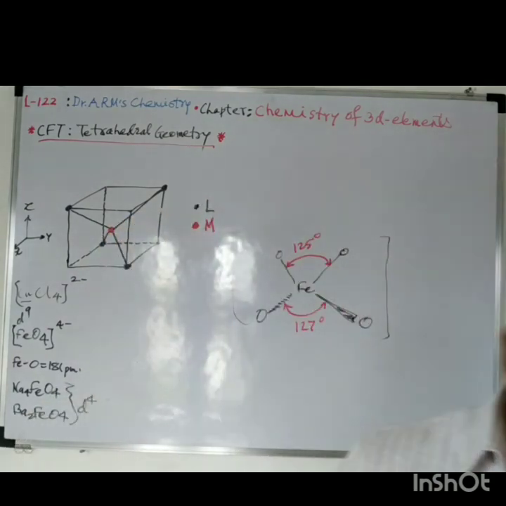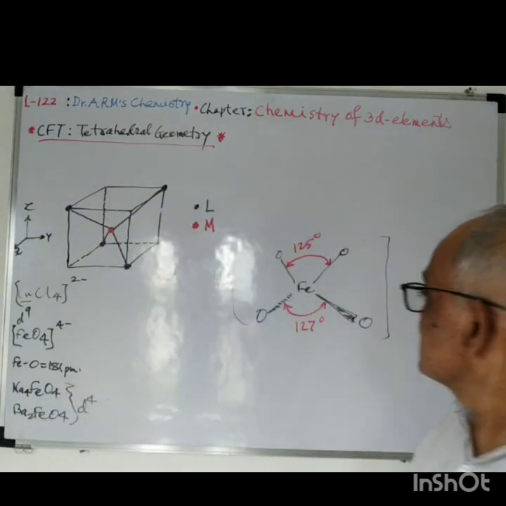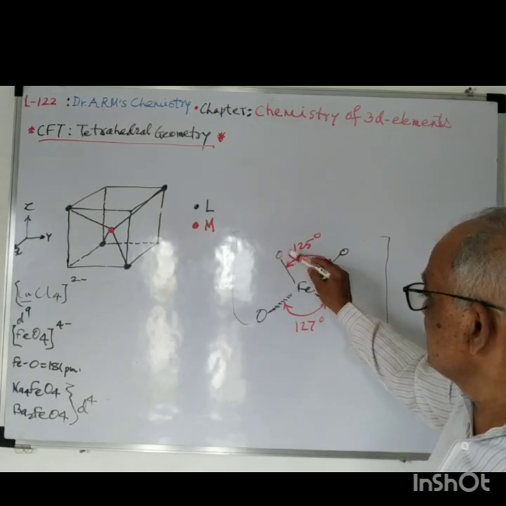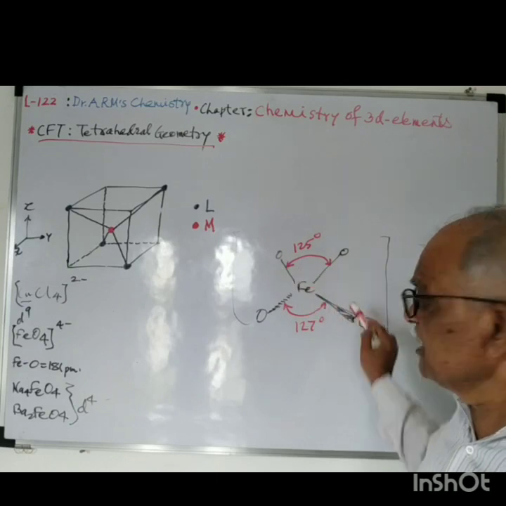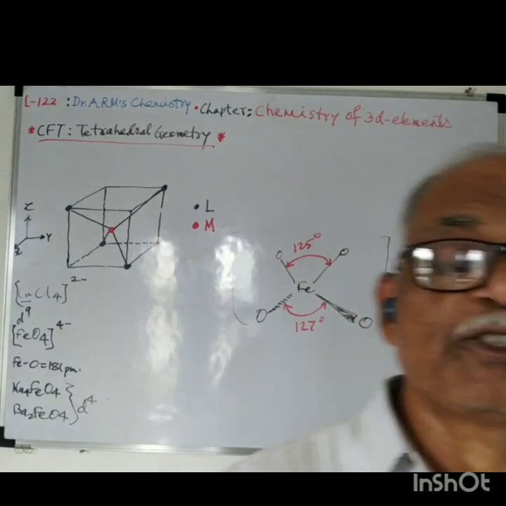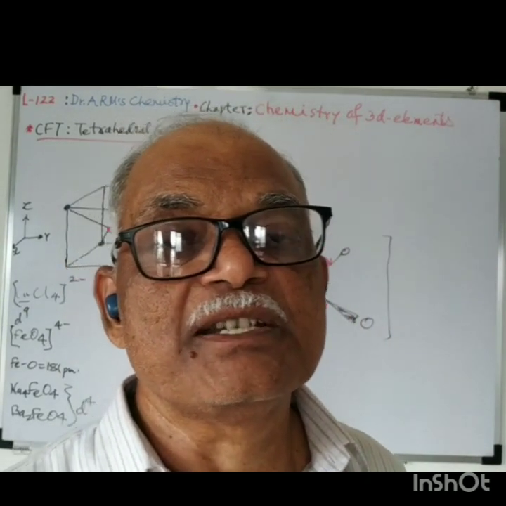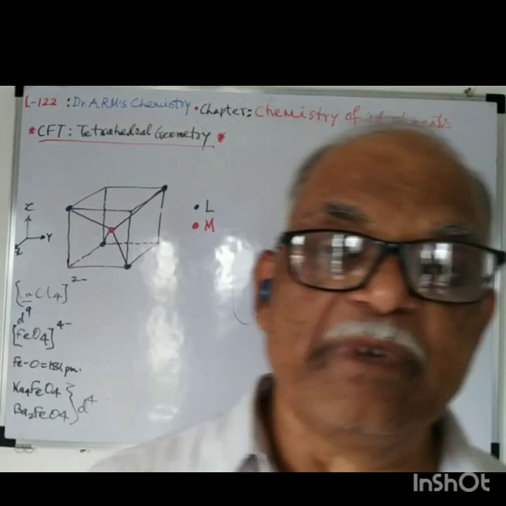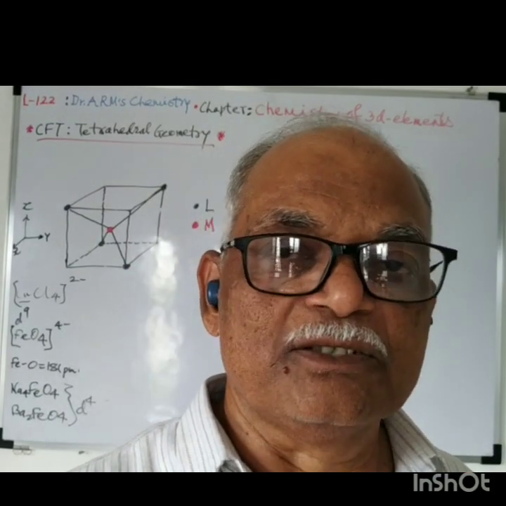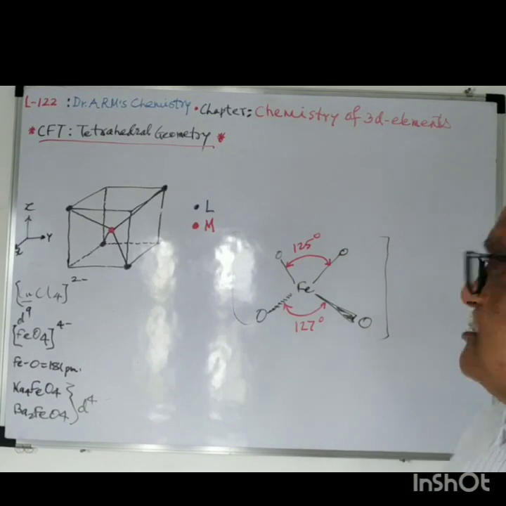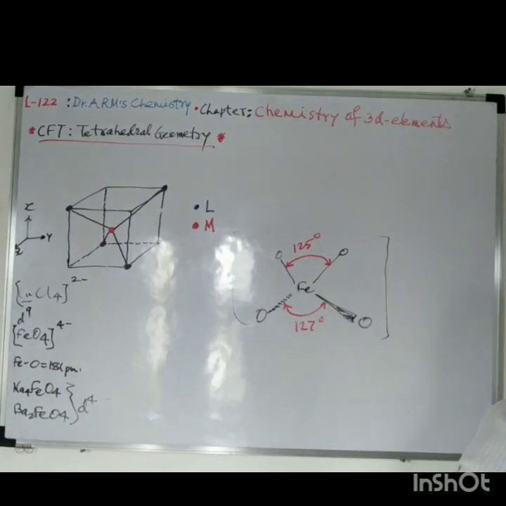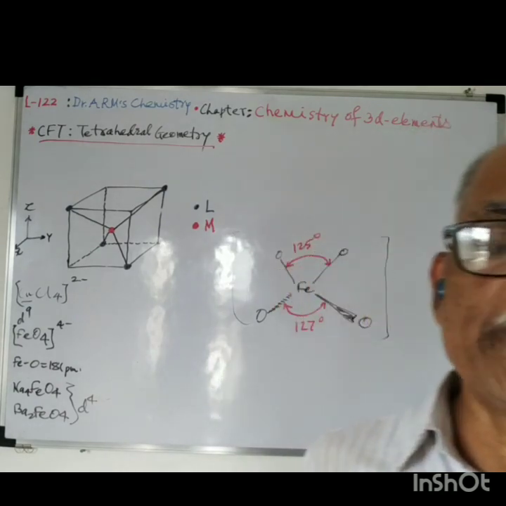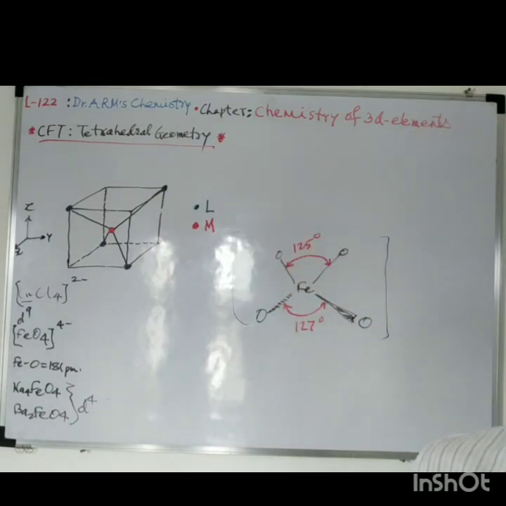Normally the bond angle O-Fe-O is expected to be 109 degrees 35 minutes in normal tetrahedral structures. But these bond angles are changed. It means the normalcy of tetrahedral geometry is disturbed.